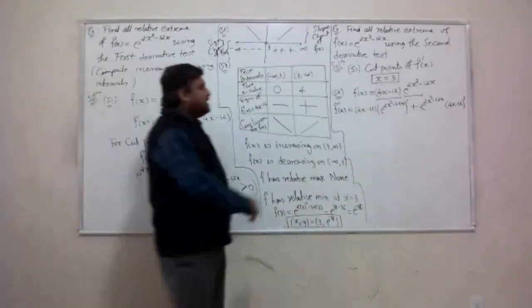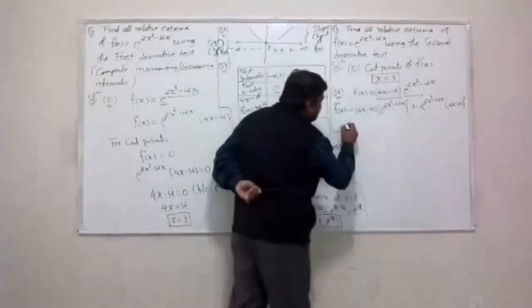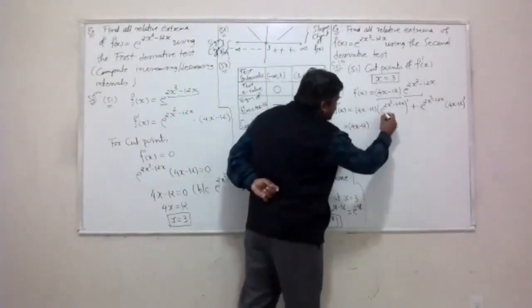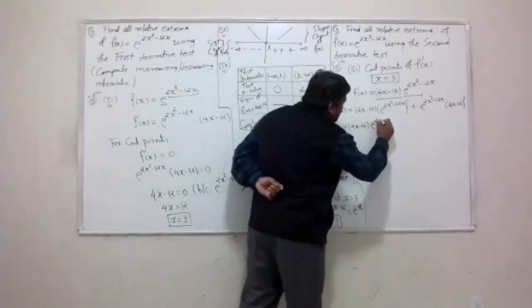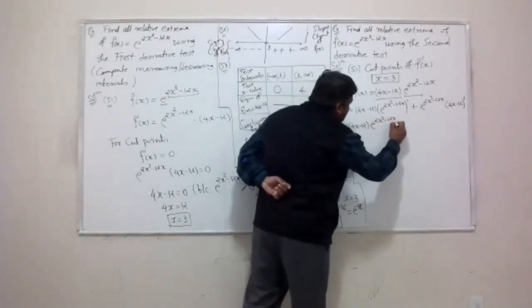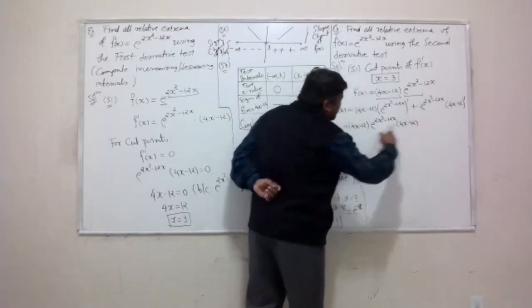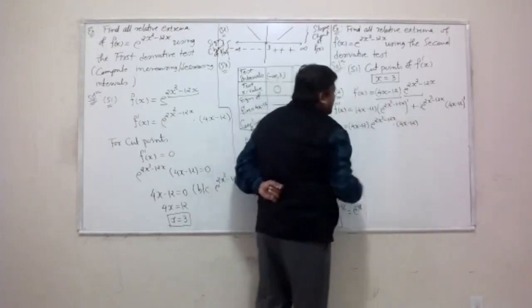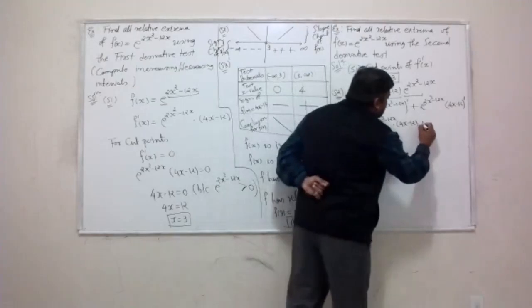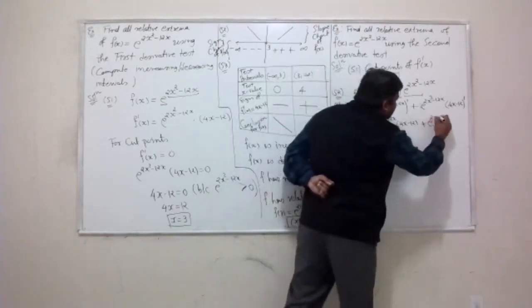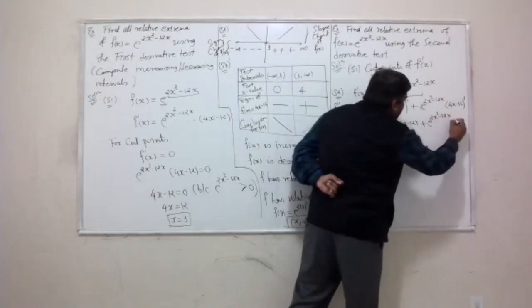Let's do that. I'm going to differentiate this. I get 4x minus 12. Chain rule gives me e to the 2x squared minus 12x times 4x minus 12. Right, that's the derivative of that exponential part using the chain rule. And then I have e to the 2x squared minus 12x.